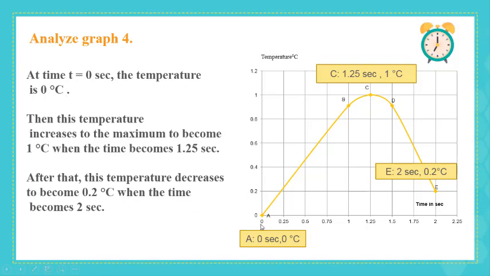Since point A is located on the intersection of the two axes, its coordination is 0, 0. Then this temperature increases to the maximum to become 1 degree Celsius when the time becomes 1.25 seconds. After that, this temperature decreases to become 0.2 degrees Celsius when the time becomes 2 seconds.